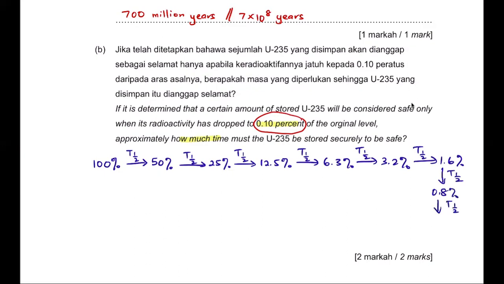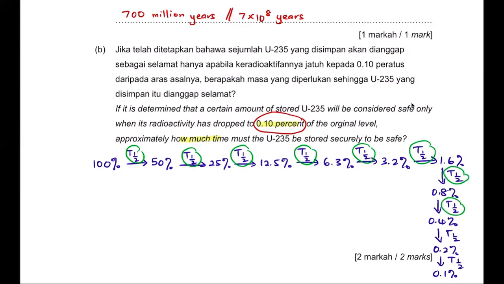Another half-life, 0.4%. 0.2%, and then finally is 0.1%. And then you calculate how many half-life. 1, 2, 3, 4, 5, 6, 7, 8, 9, and 10. So there are 10 half-life.